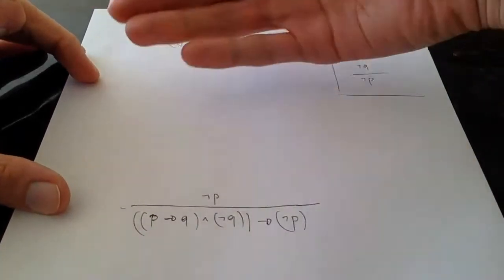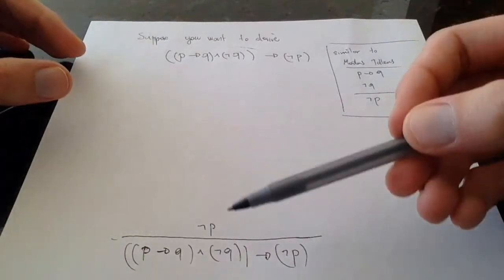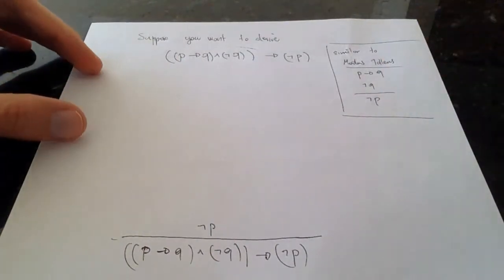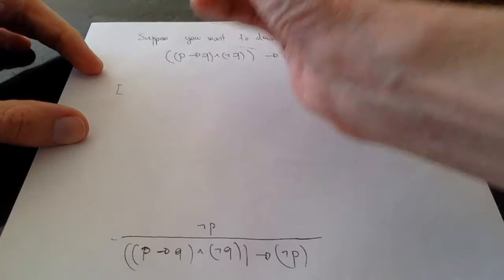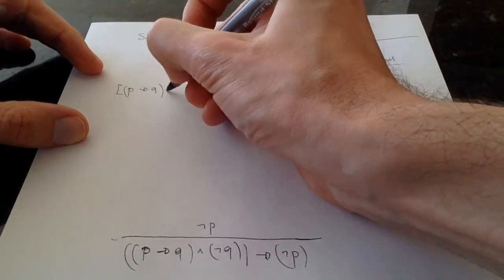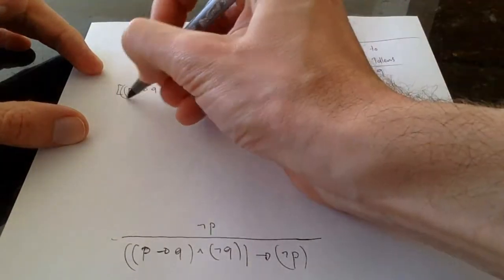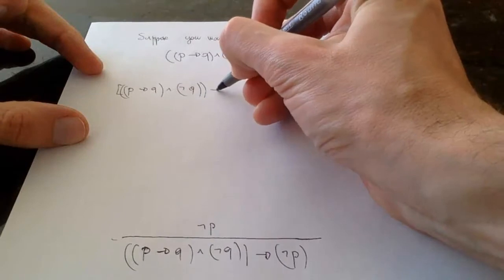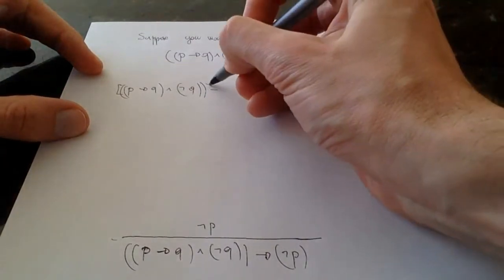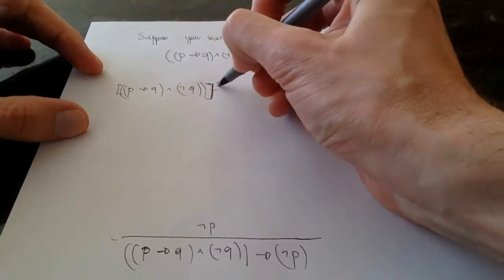And then somewhere on top here, somewhere as one of my assumptions, I write the antecedent of the formula. So I'm going to write it here. P implies Q and not Q. So this whole thing between brackets. And this is my assumption, and I'm going to call it assumption number 1.